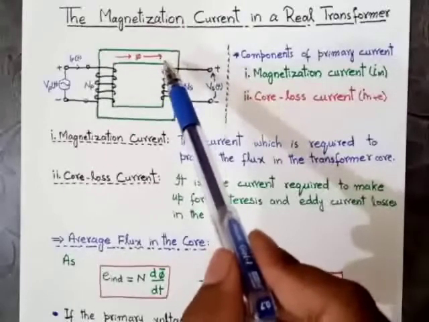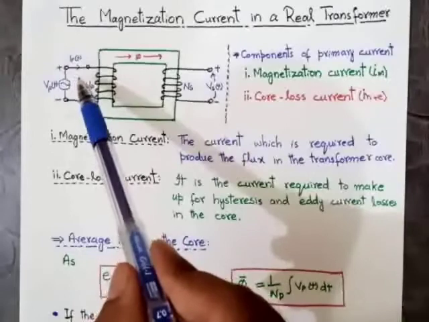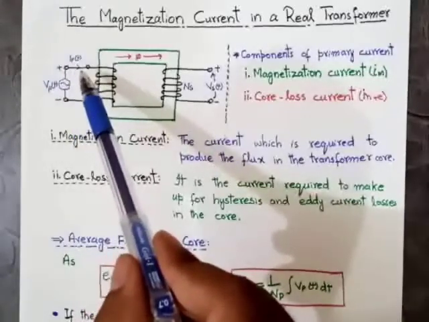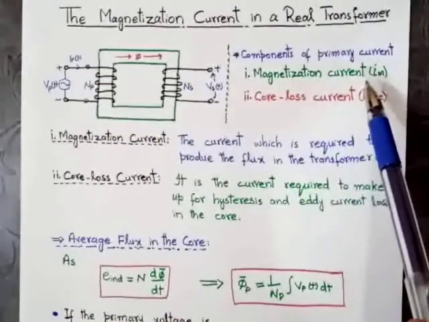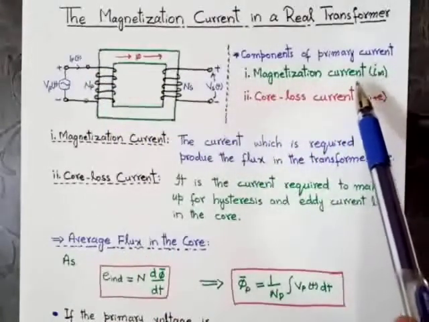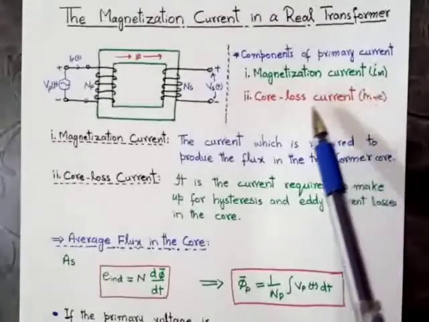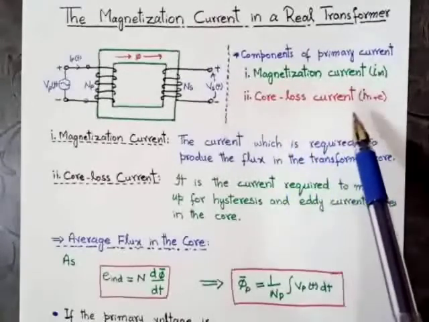This primary current, as you can see in this figure, basically consists of two components. The first one is the magnetization current. We represent the magnetization current with Im, and the second one is the core loss current.